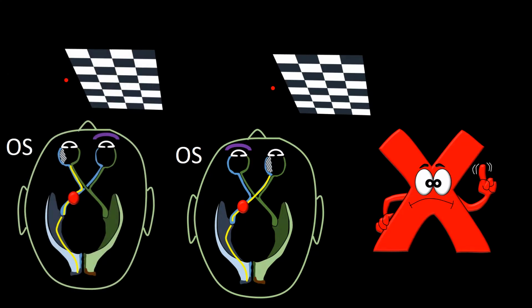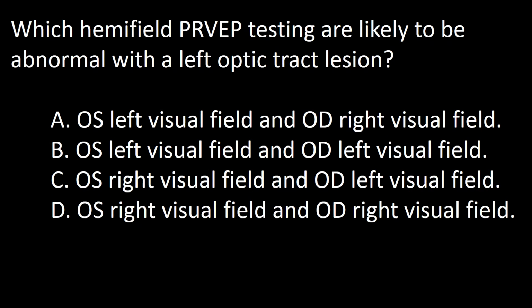So if we put it all together, we can say that right visual hemifield stimulations are the preferred visual evoked potential test that should be done to evaluate a left optic tract lesion. So the answer to this question is D.